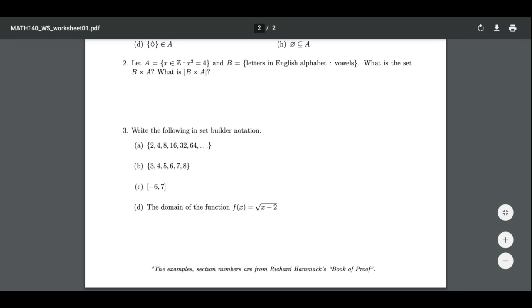So D is talking about the domain of the function. But for the domain of the function, we can use set notation as well. f of x equals the square root of x minus 2. Oh, our D is x in R. Okay, because the notation is for real numbers. When we talk about interval notation, we talk about the real number line. 0 sits in the middle, to the right are positive numbers, to the left are negative numbers, and all the real numbers are on this line.